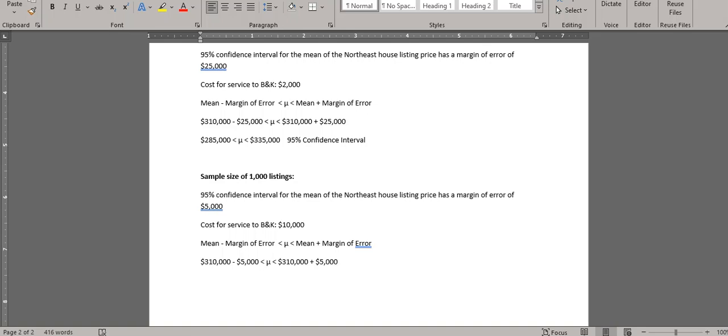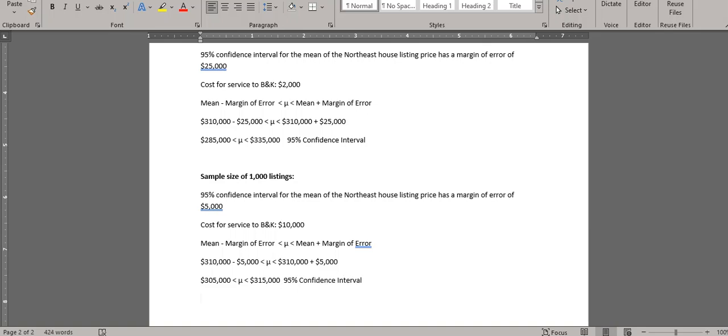If we did the calculation on the left, we have 305,000 less than the generic mean value. And on the right, it's 315,000. So this is the 95% confidence interval.